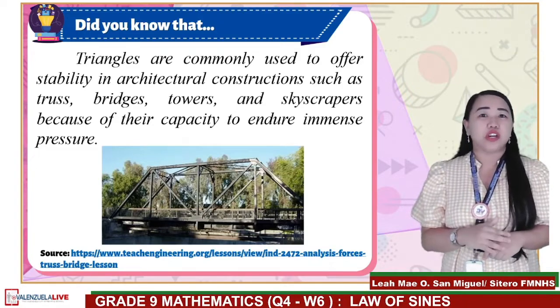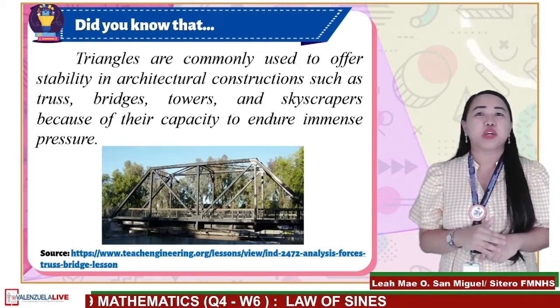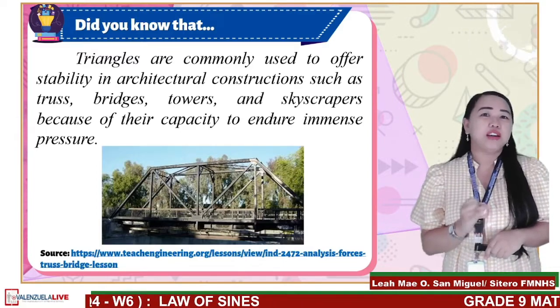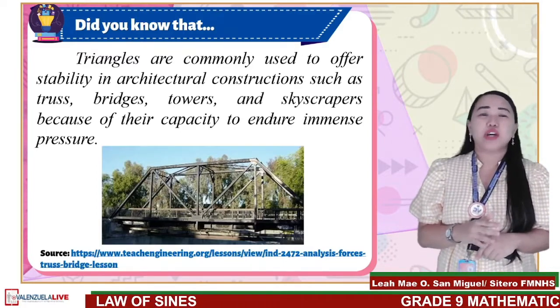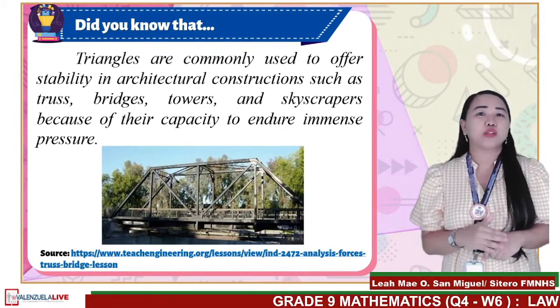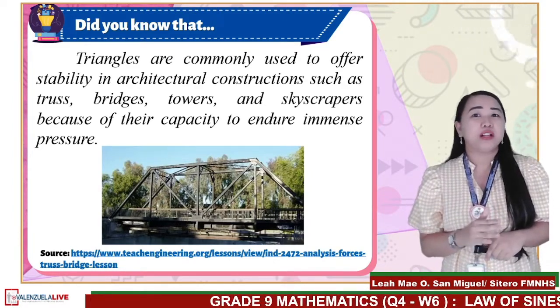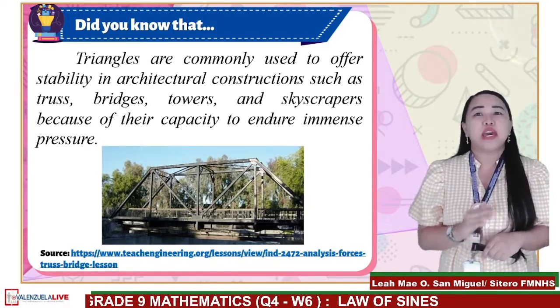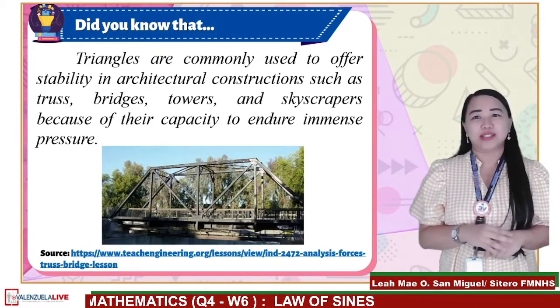Architects and engineers employ various measuring equipment such as tape measure, angle locator, level or inclinometer, and other tools to assure the congruence of triangles in their building's foundation because of its widespread use in architectural projects.